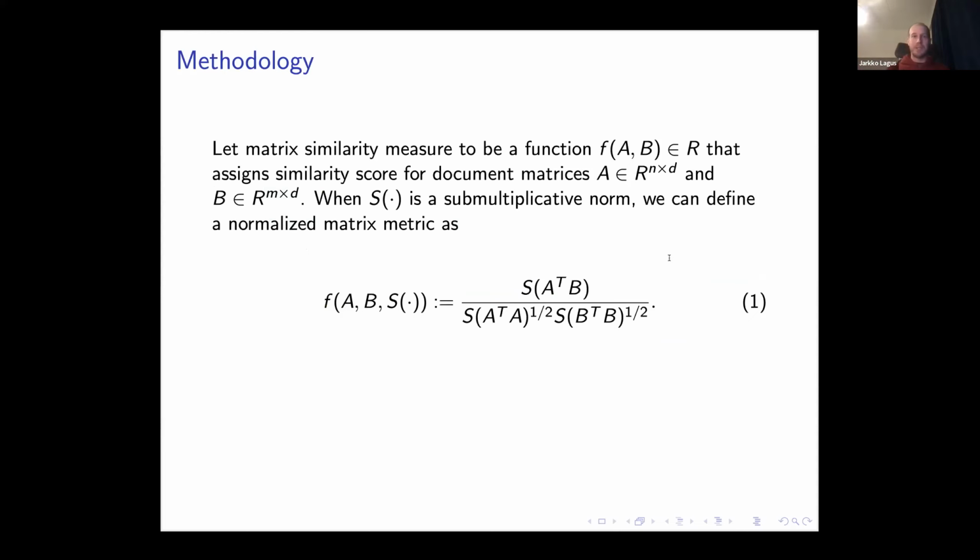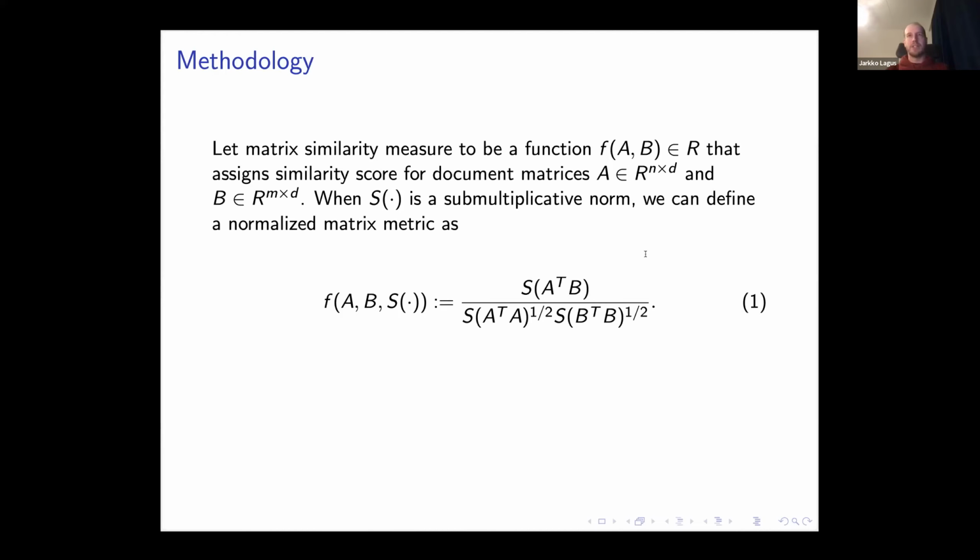So if we say that the matrix similarity measure is just a function that takes two objects A and B, where A and B are these document matrices encoded with word embeddings, then when we want to create the similarity measure, we can use norms as the basis for it.